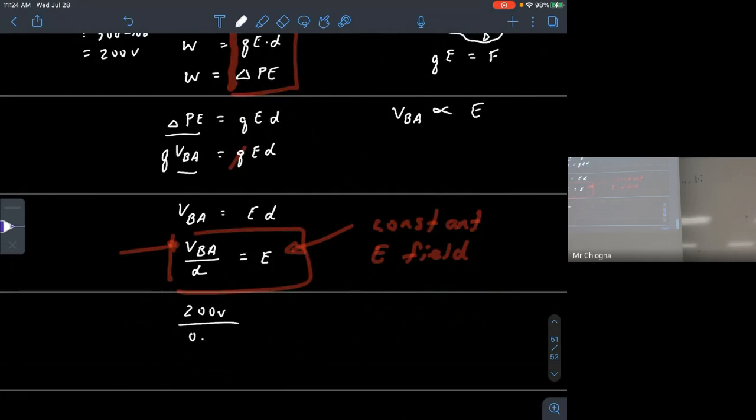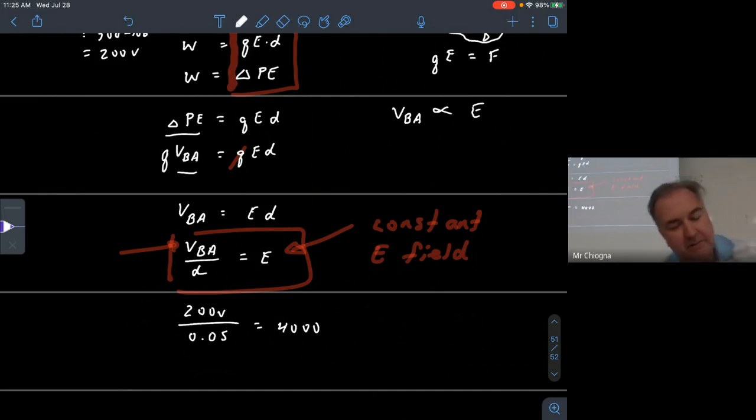5 centimeters, convert it to meters. So 5 goes into 200? Yeah, 40 times.